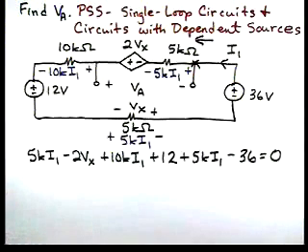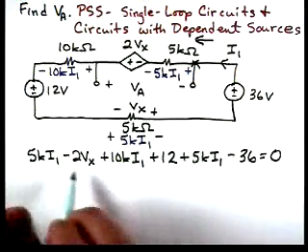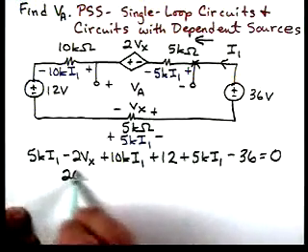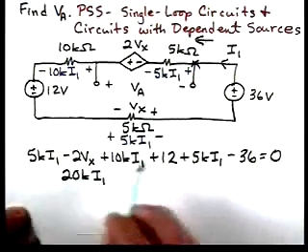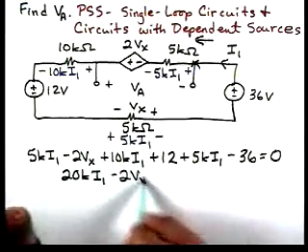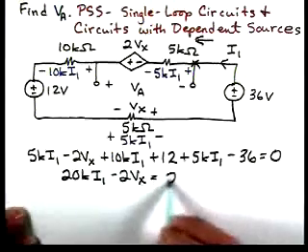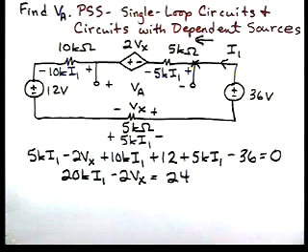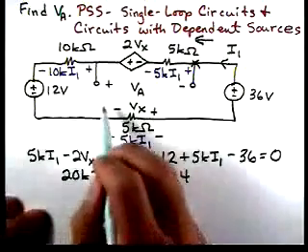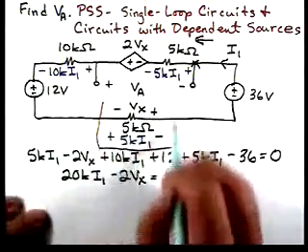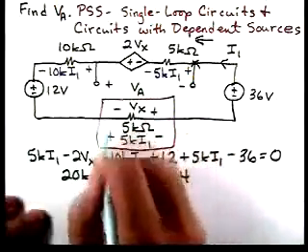As we collect terms, we can reduce this equation to 20K I1 minus 2Vx equal to 24. Now we're going to express the controlling variable Vx in terms of our unknown current I1.